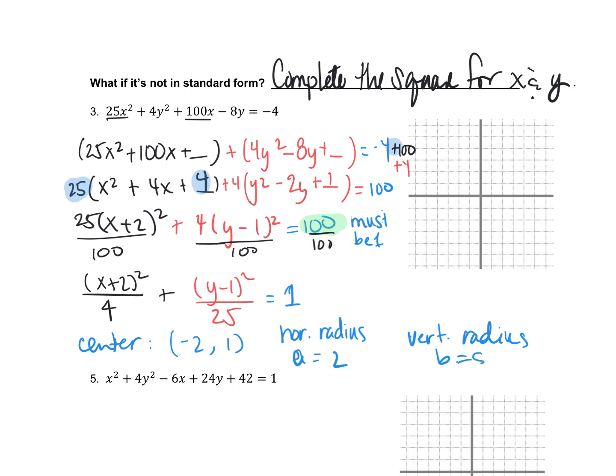Okay, so let's plot our points. Center is -2, 1. A is 2, so that's horizontal, so we want to go left and right. 2, 1, 2. And then we're going to go up and down 5 from the center. 1, 2, 3, 4, 5. 1, 2, 3, 4, 5. Sure I did that right.